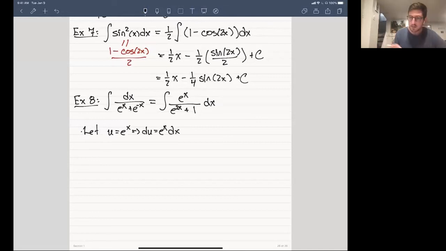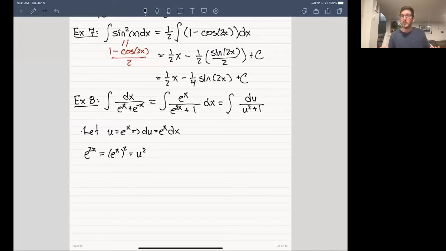But the question is, how does the e to the 2x work? Well, e to the 2x is the same as e to the x squared, which is the same as u squared. So that tells me that this thing becomes du over u squared plus 1.